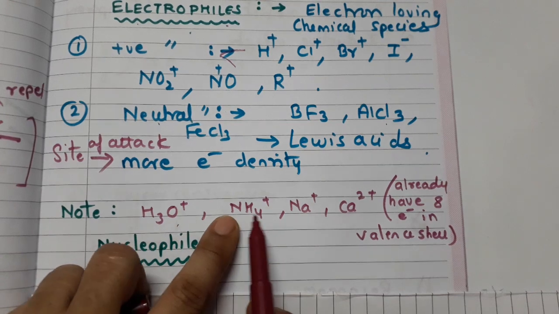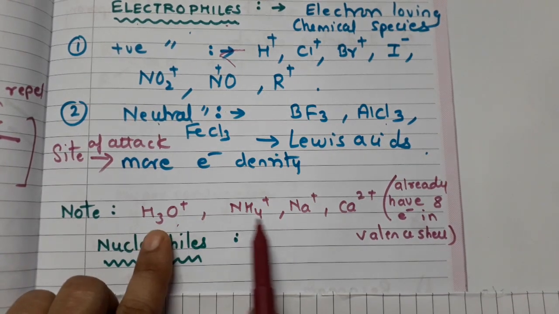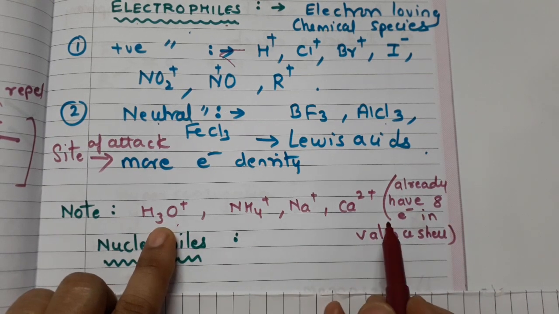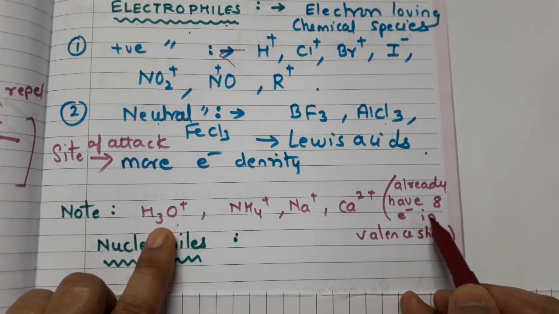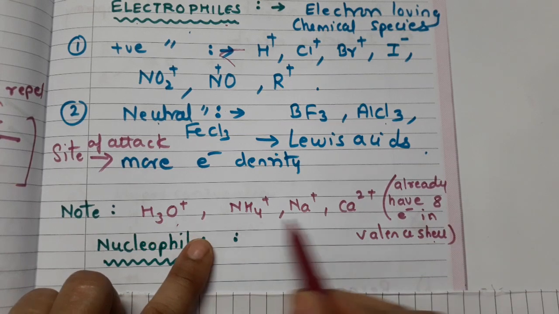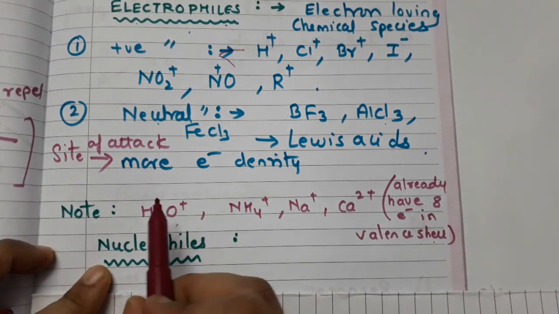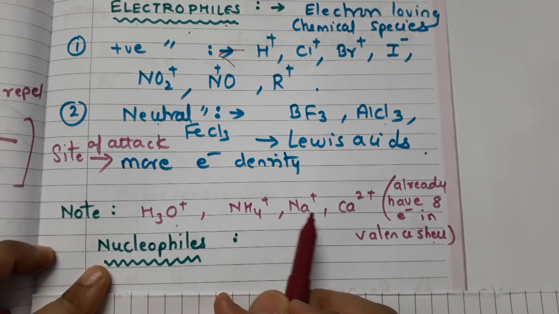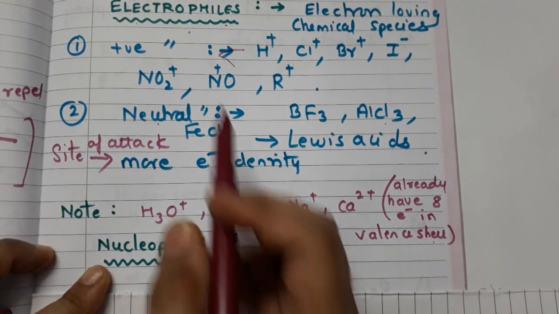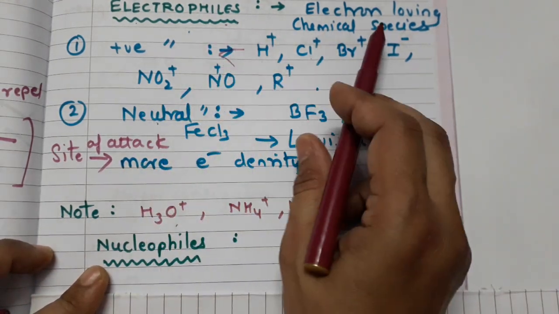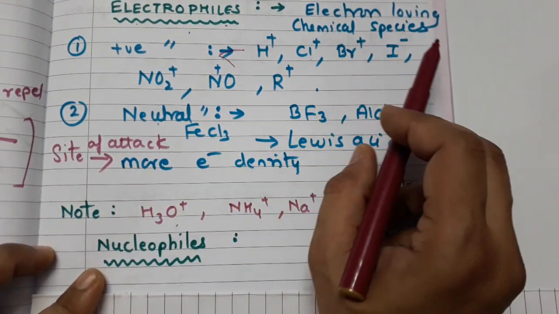Ammonium also, we know in all these positive cations, each and every cation is having its 8 electrons in the valence shell. This you will get in the chemical bonding chapter. So does it mean all positively charged ions are electrophiles? No. These are the examples of electrophile. So electrophile is an electron loving chemical species.